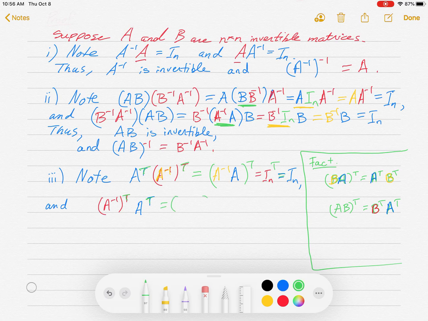So this matches up: the A inverse matches up with the red B, and the blue A matches with the blue A. So we can put this together in a single parentheses with the transpose. Notice that first you're going to get the A, then you're going to get the B.